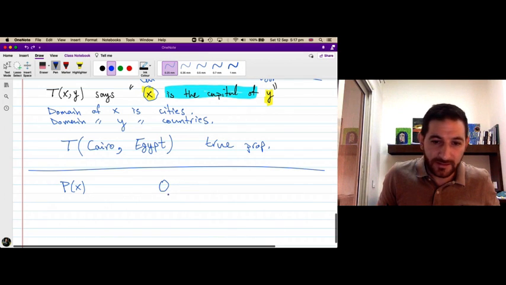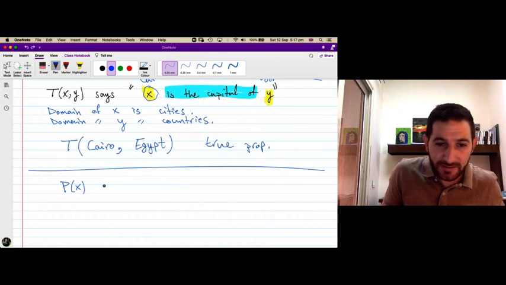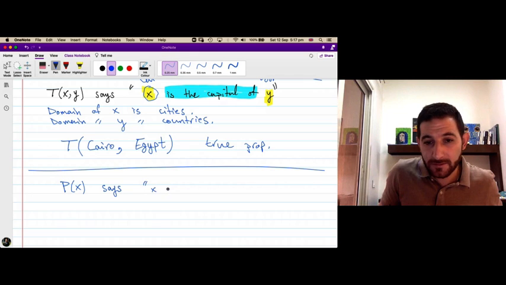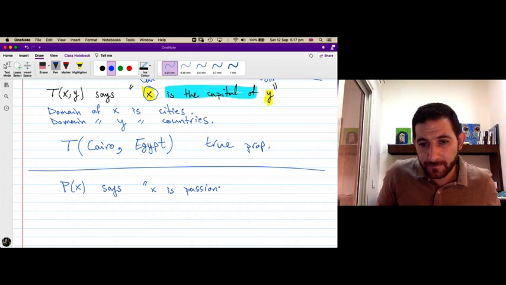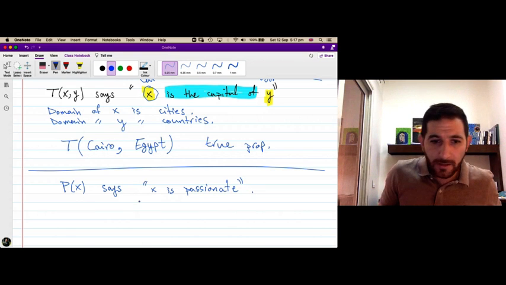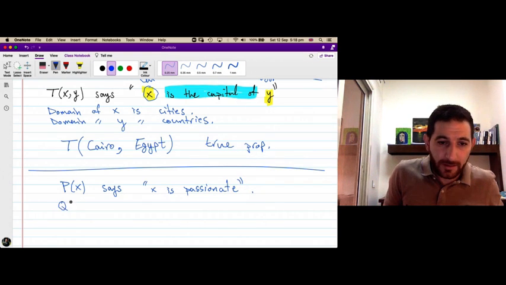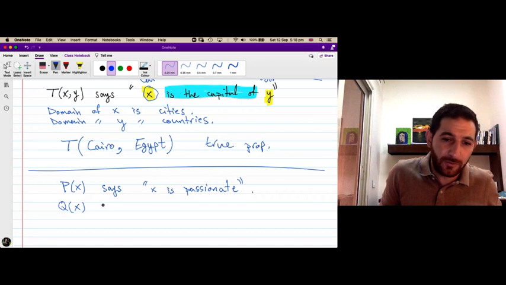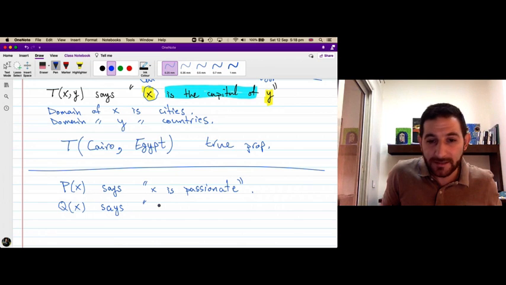Sorry, let's have a proper example. Suppose P of x is the statement which says x is passionate. Let's take another predicate Q of x. So x has property Q if x is quarantined.